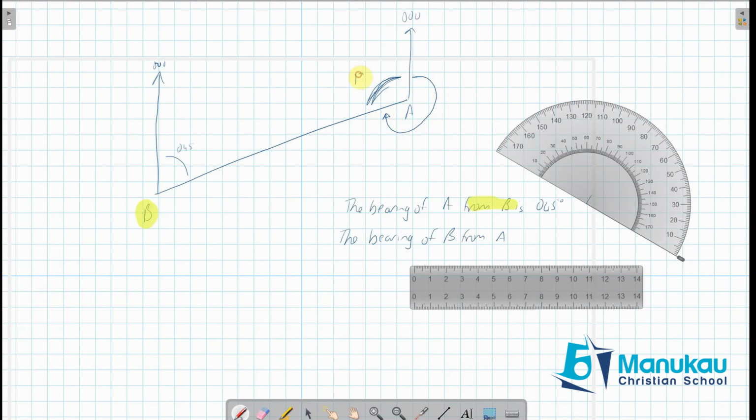So this should be 135 degrees. And if this is 135 degrees, this whole thing here is going to be 360 minus 135, and that gives us 225 degrees. So it'll be 225 degrees.